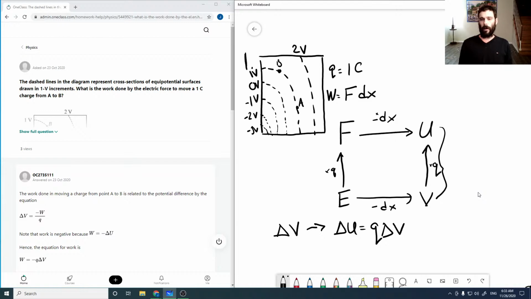So now we've got our change in potential energy going from A to B, and on the other side, our change in potential energy, using this arm of the square, is just minus the force dx.